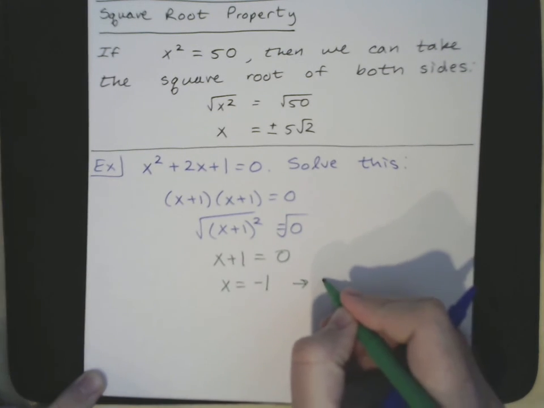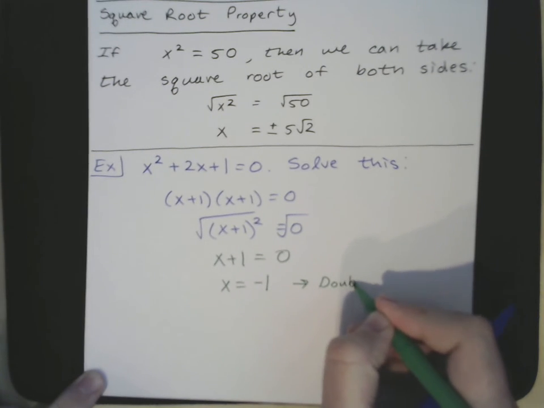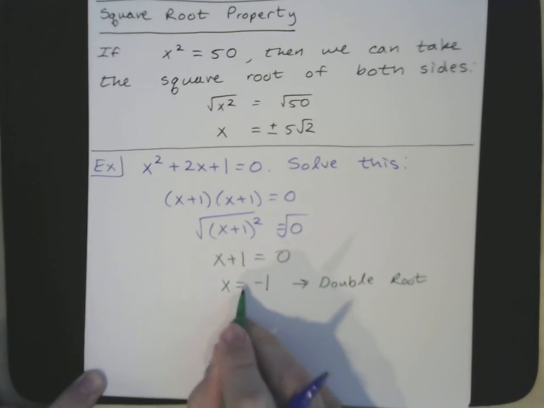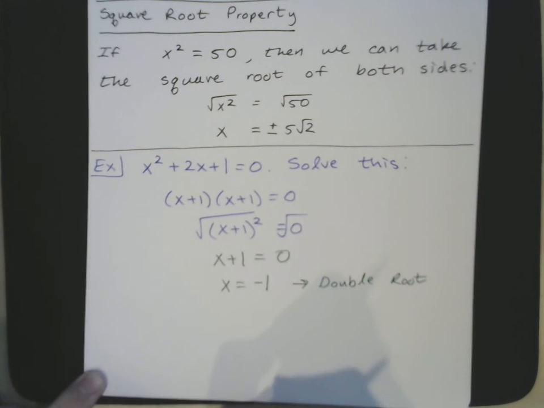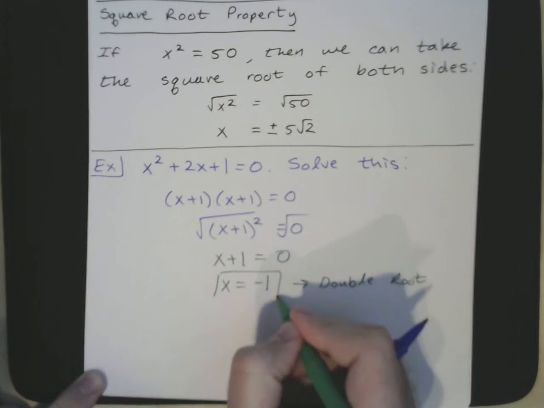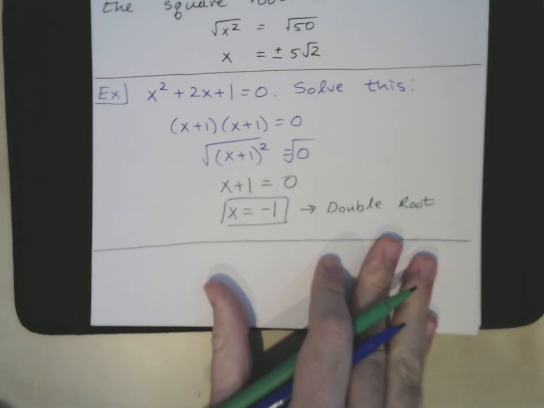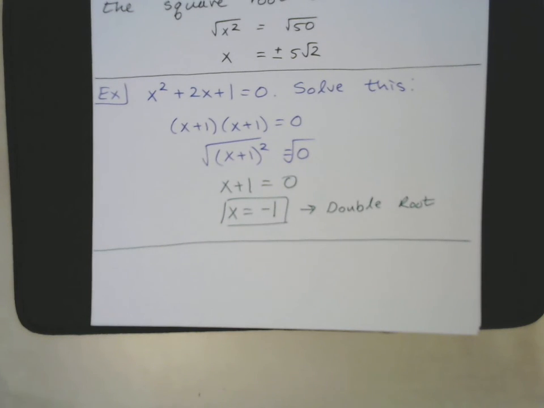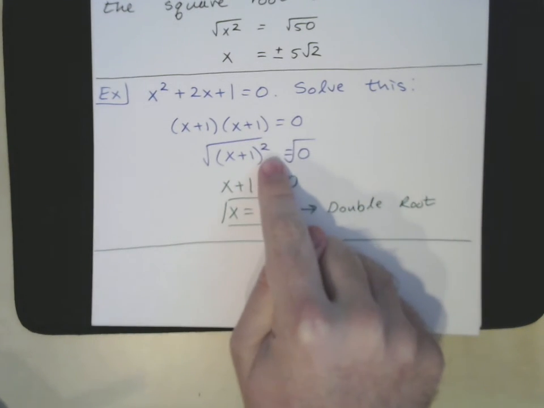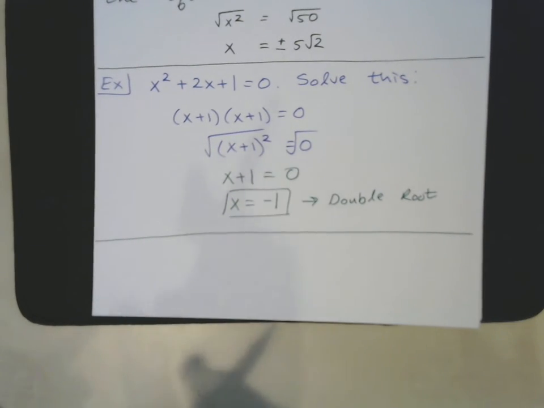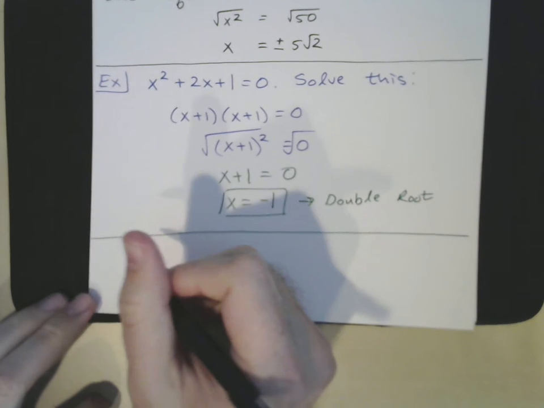This is what we call a double root, because it popped up twice. So if we can force all of our quadratics to mimic this process, or we can factor it into a perfect square and square root it, it makes solving really easy. So that's why we have the completing the square method.